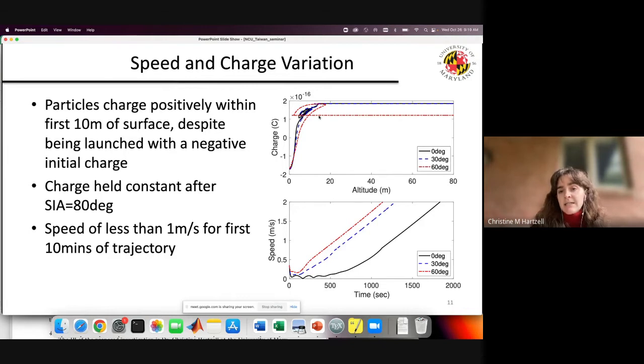And then this constant charge out here occurs when we turn off the electrostatic forces when the particle gets close to that dusk terminator. So our model is not very accurate there. So we just turn off electrostatic forces and assume that the charge is constant after that point.